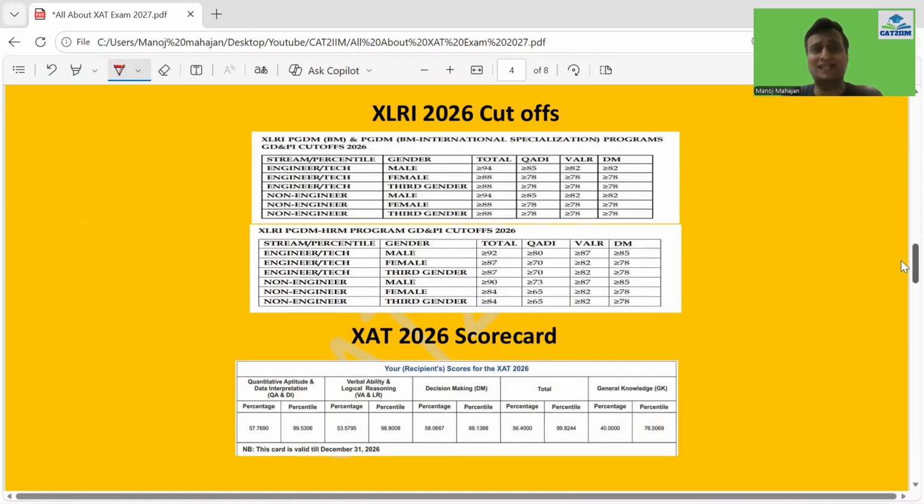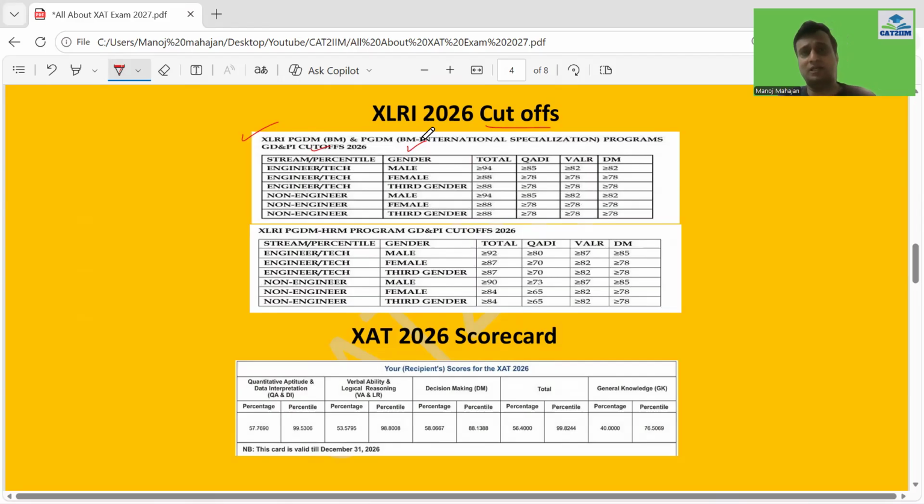Now, when you look at the XLRI 2026 cutoff, they do it based on the programs also. So when you go for XLRI, PGDM BM and PGDM International, right? The GD and PI cutoffs were based on the stream, and also the gender, right?